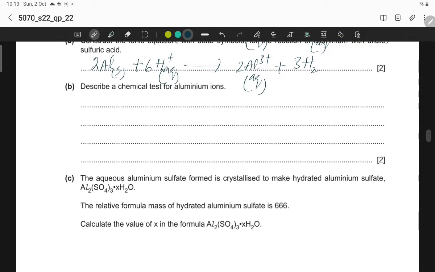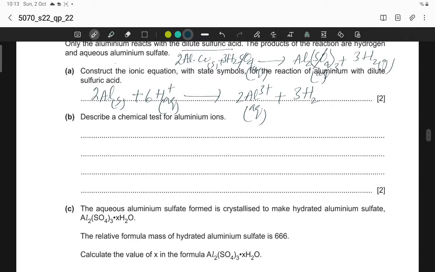Describe a chemical test for aluminium ion. Add a few drops of sodium hydroxide and then excess.